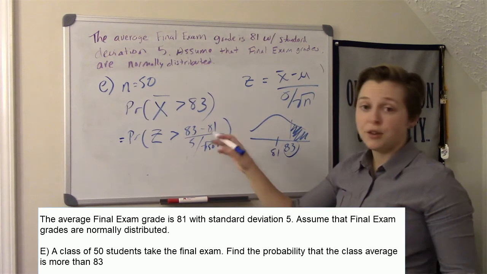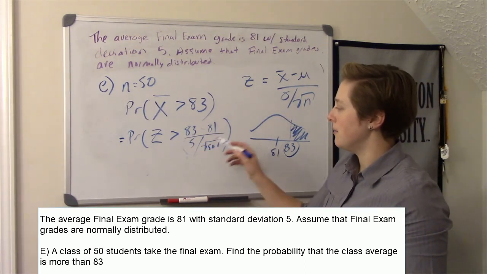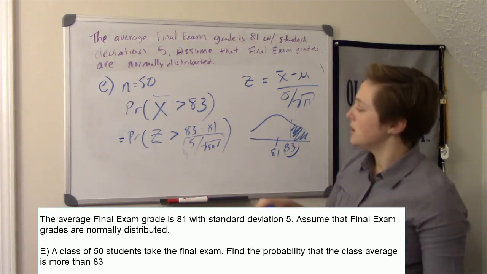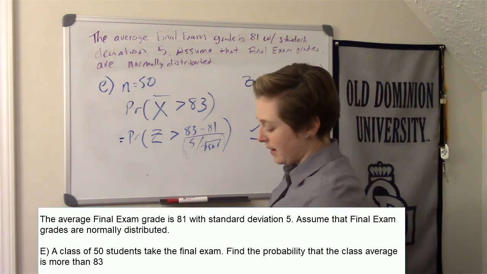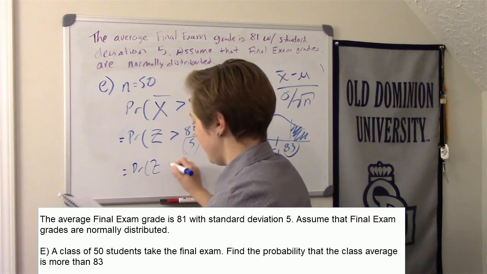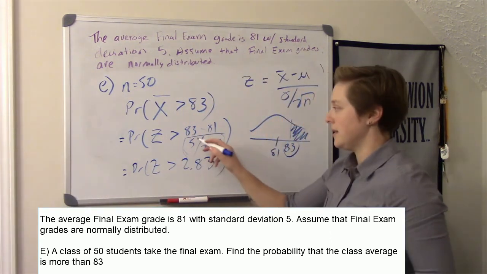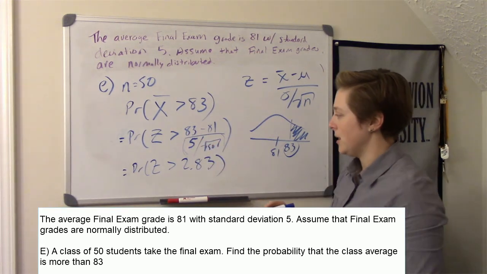When you're plugging this into your calculator, don't forget to put the denominator in parentheses, otherwise your order of operations is going to be all messed up. So make sure you get the same number. When I calculated that, I got 2.83. So you should get that same Z value. Go ahead and calculate that. Make sure you get the same thing.